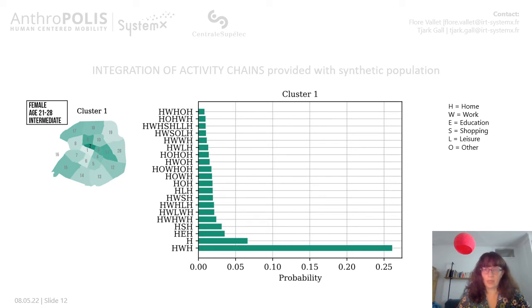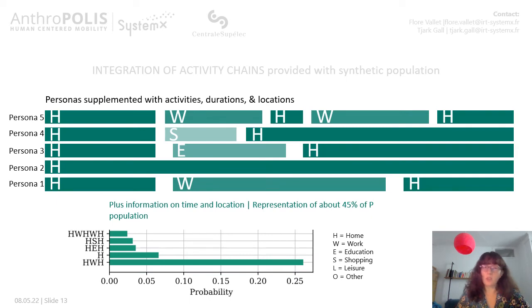What can we do next? We can also integrate activity chains which are provided with a synthetic population, meaning that for cluster 1, here we've got the distribution of all the activities that are possible, and the most frequent one is home, work, home, at the very bottom, home, education, home. So what can we do here?